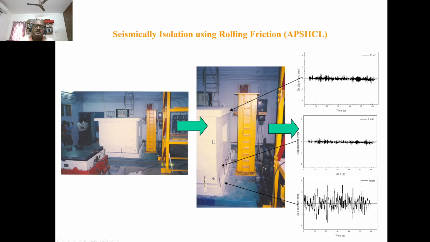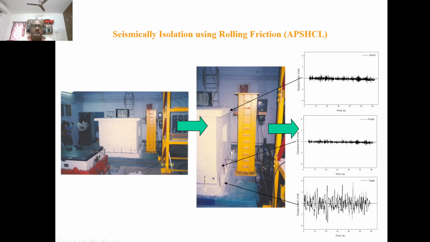So this is a simple demonstration at student level, not for practical purpose. Actually, this was done by some students who are doing PG with me. It is just to prove that if your building is on balls, say rollers, you are able to get the vibration filtered fully, and the building will have rigid body motion, no relative motion, nothing will happen.